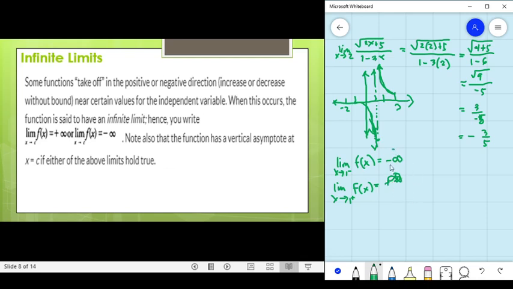Since one is negative infinity and the other is positive infinity, therefore the limit does not exist. But if both were negative infinity, we can say that the limit of f of x as x approaches 1 exists, and it is equal to negative infinity. Since these two are in opposite directions, therefore the limit does not exist.